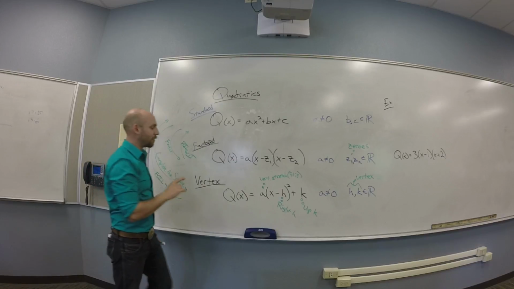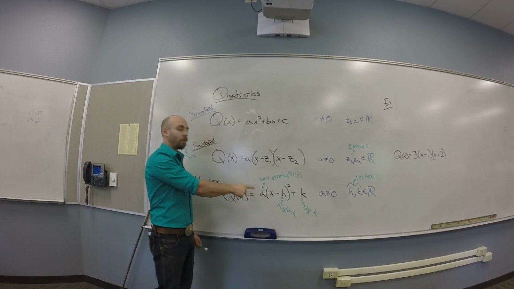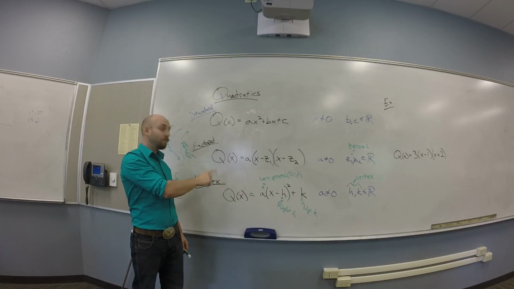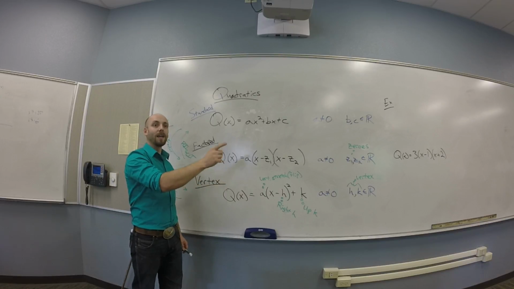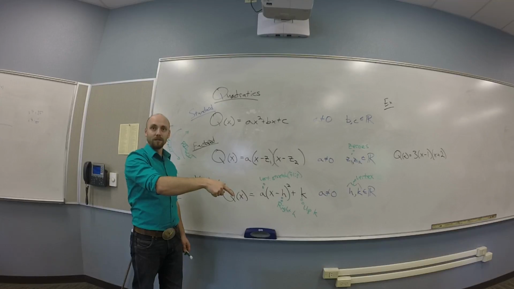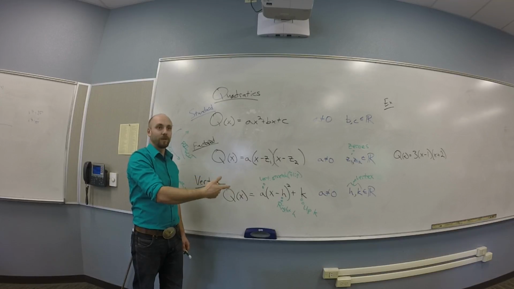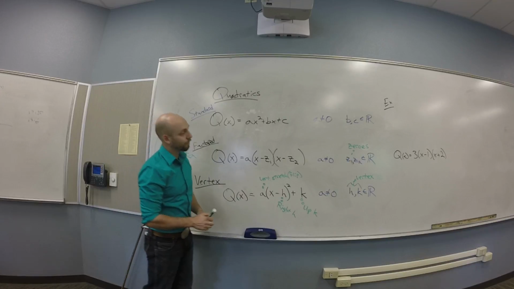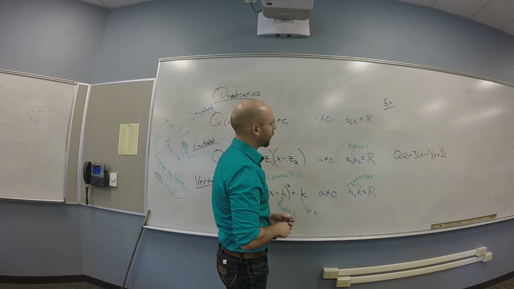And then the other thing I want you to know is that vertex form is the one where I know what the vertical stretch, the right, and the up are. I know shifting rules. So if I can get it into vertex form, I know exactly how to graph it easily. That's cool? Okay.